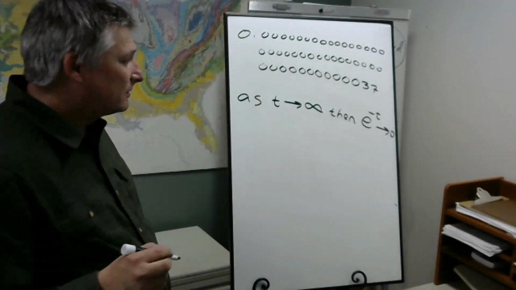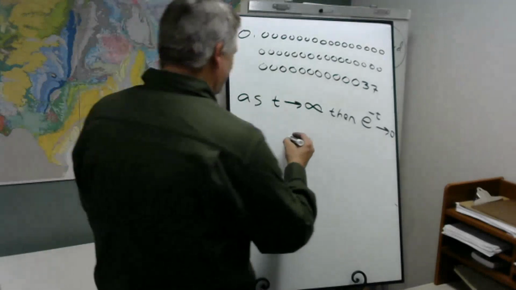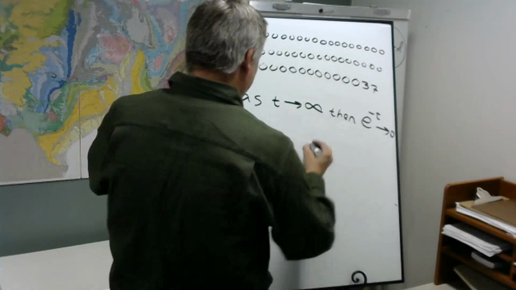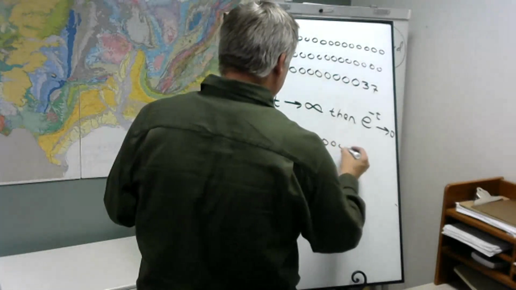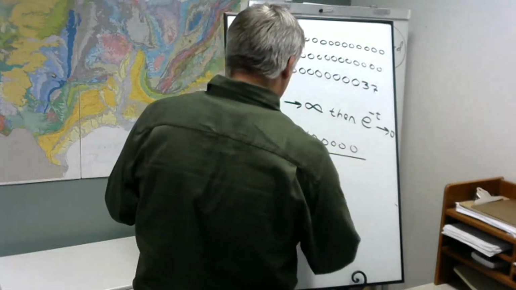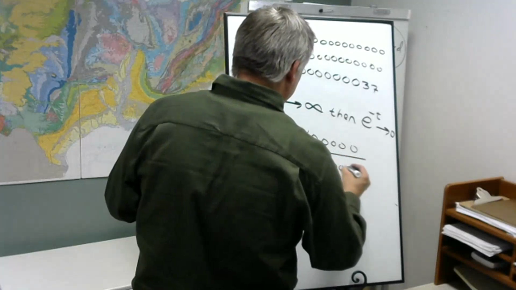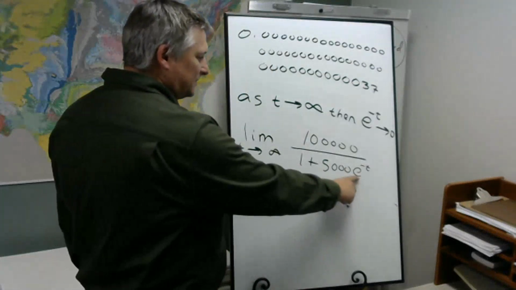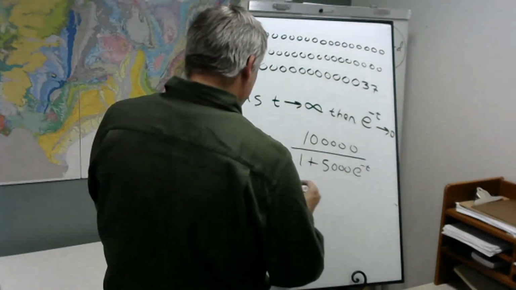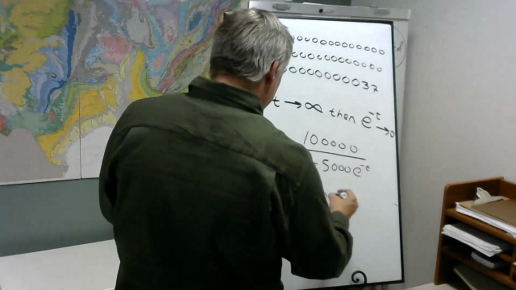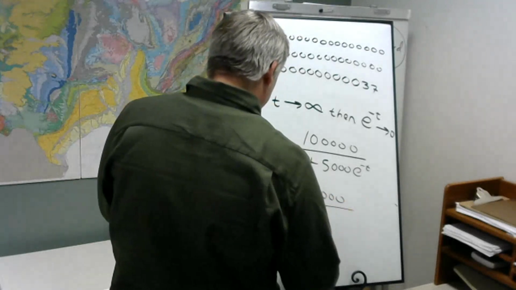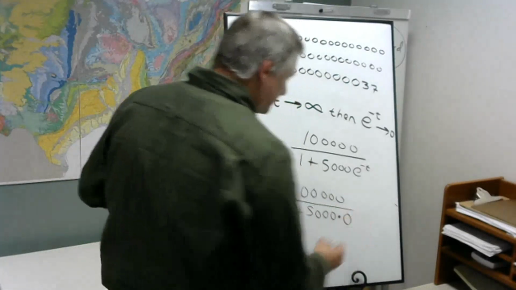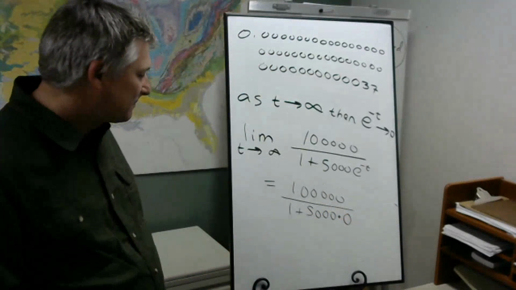So to figure out our limit, we say the limit as t goes to infinity of 100,000 over 1 plus 5,000 e to the minus t. Well, as t is going to infinity, e to the minus t is going to go to 0. So this will be 100,000 over 1 plus 5,000 times, and for all practical purposes, we'll just call it 0.